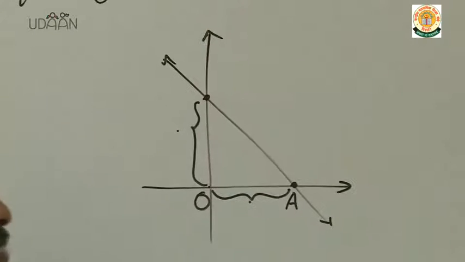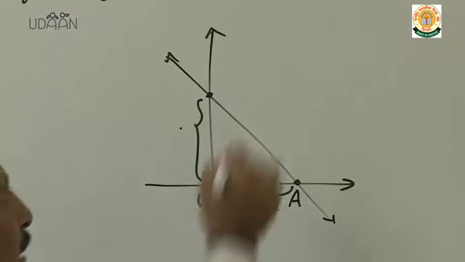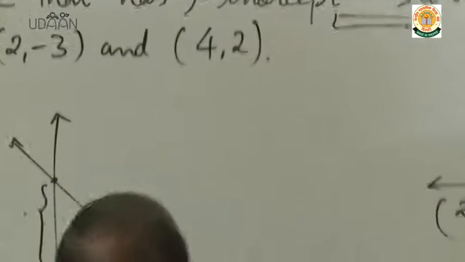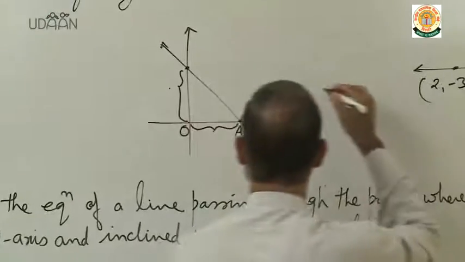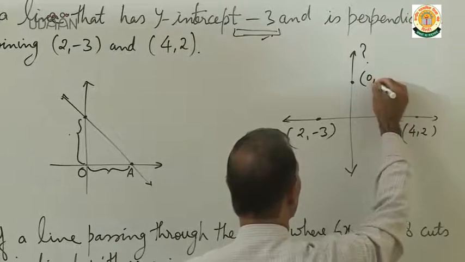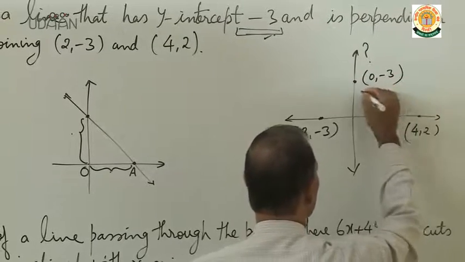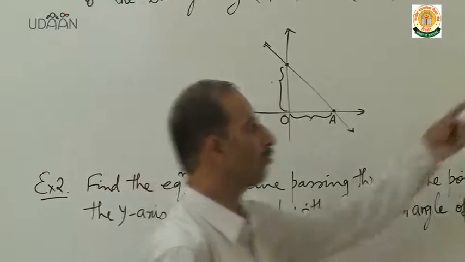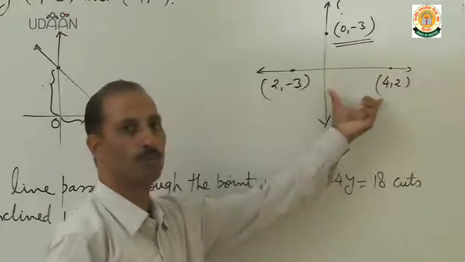So now the y-intercept is -3. It means that point is somewhere on the y-axis where, what are the coordinates of that point? Y coordinate will be -3 and x coordinate will be 0. So this is the point on the line, and that is perpendicular to the line segment joining these 2 points.